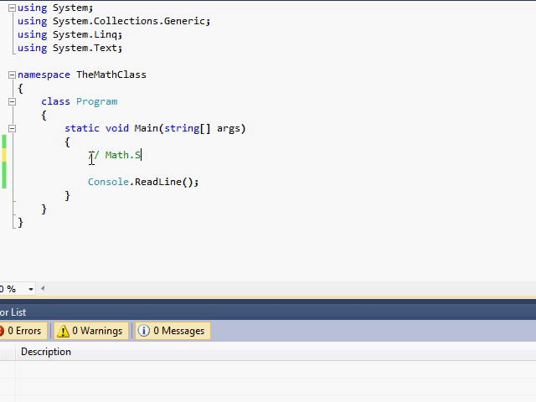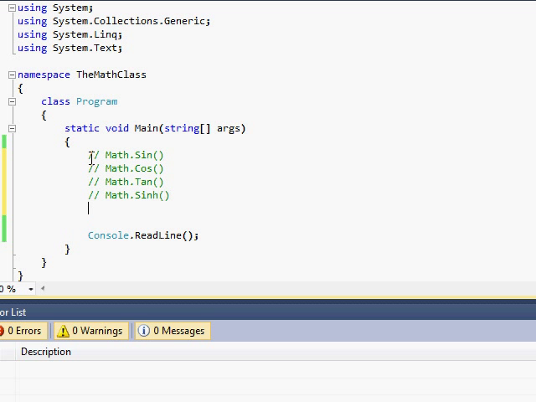Now we have some trigonometry methods that I just kind of want to type out here because I don't really need to show you. If you know about trigonometry, then you'll be fine. Math.cosine, math.tangent, and I don't actually know what sinh means or cosh.